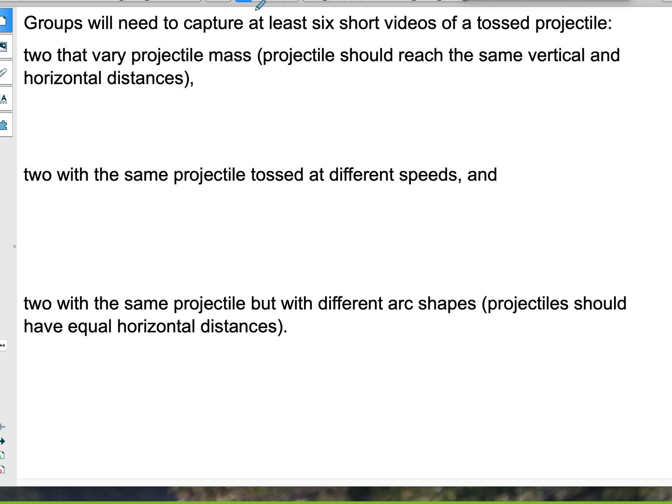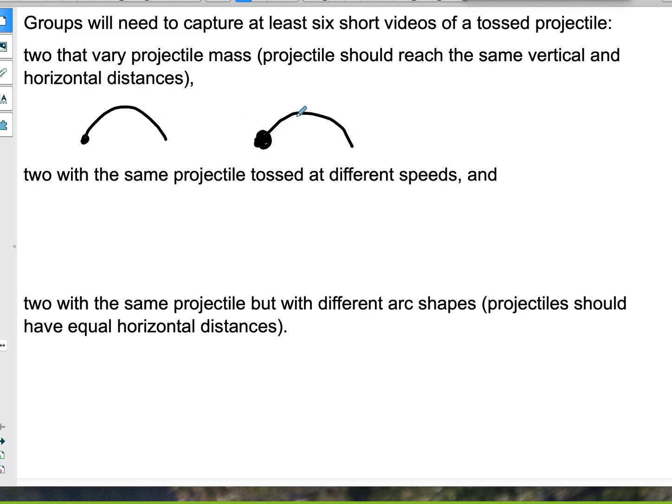Okay, so you need two videos where you're varying the mass. So try to take something that's lighter and toss it. And then try to take something that's heavier. It doesn't have to be bigger necessarily, but more massive, and toss it.